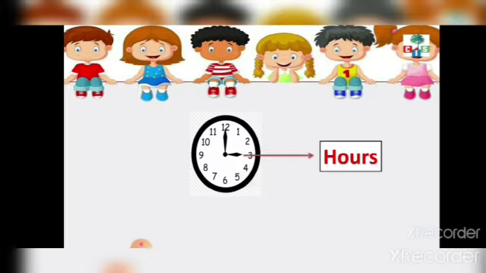A day has 24 hours. So, the hour hand completes one round in 12 hours and two rounds in 24 hours. So, we say a day has 24 hours.